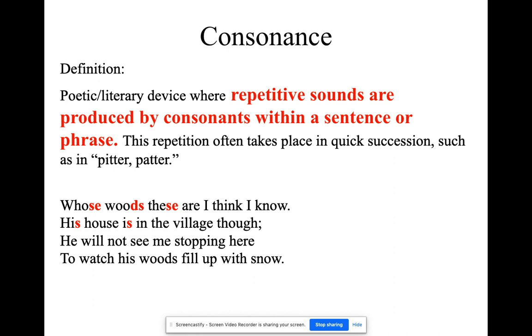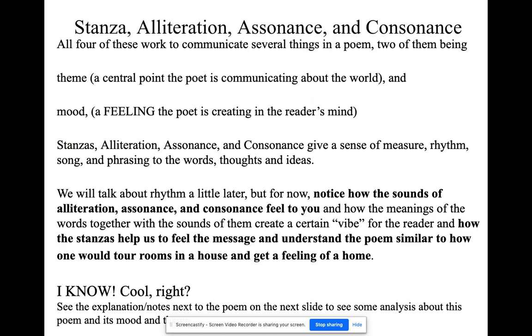Whose, woods, these, are, I think I know, his, house. That one's more of an S, but then you have is after it. So you have that repetition of that long Z sound within a sentence, not inside the word, but at least within the sentence.